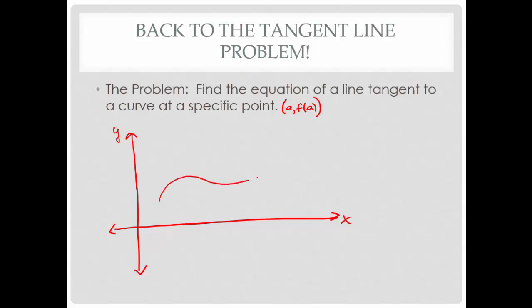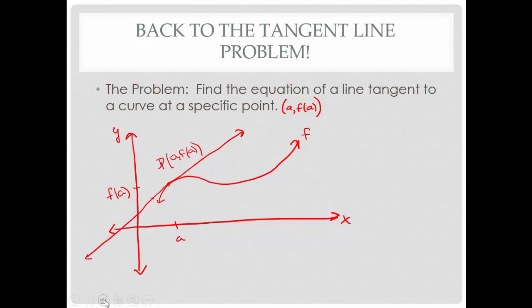If you have a generalized curve, call this f, and a point on that curve, let's put it over here, that'll be my point P, and it has coordinates a, f of a. So it's got a as its x value and f of a as its y value. In order to find the slope of the tangent line, the slope of this line right here, that's your tangent line, the problem is we only have one point on that line.